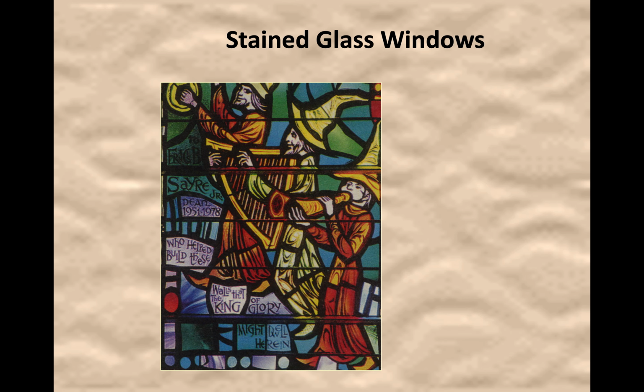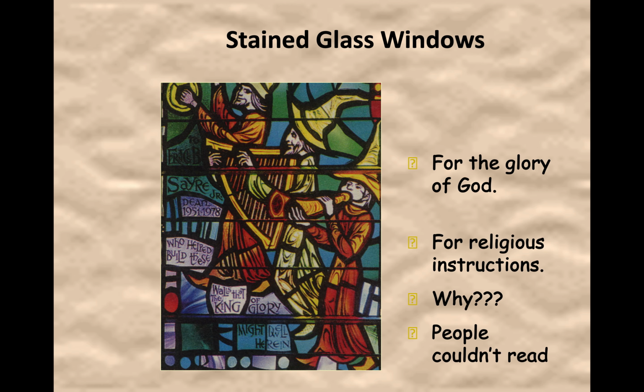Another key theme, ladies and gentlemen, within medieval cathedrals is stained glass windows, and there's a reason for this. A lot of people during medieval times could not read, so how are they going to understand some of the stories of the Bible? Well, they're going to look at pictures, and that will tell the stories. It's a picture book.